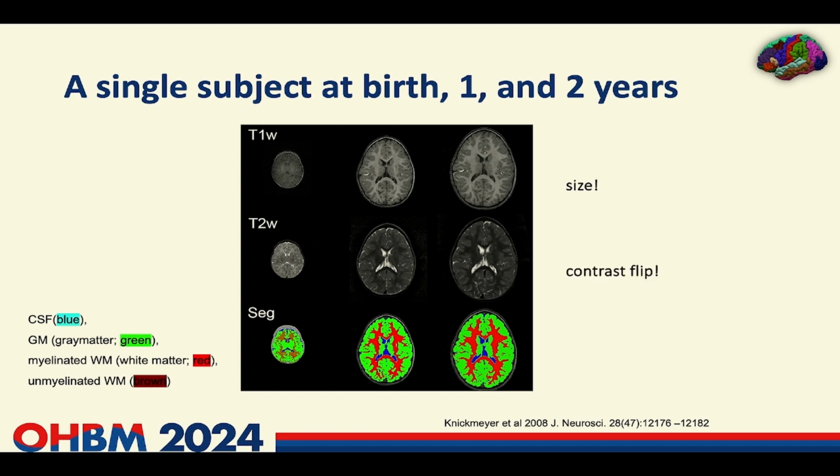You can also see that there's a contrast flip that happens somewhere between the 5 and 7 month, depending on which modality you are looking at. So compared to the adult contrast that you might be more used to, which is probably in the last column, if you look at a newborn brain, that contrast is flipped.